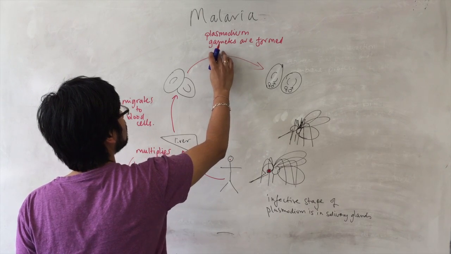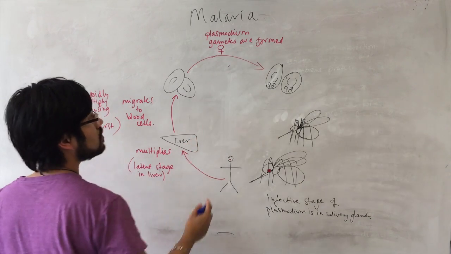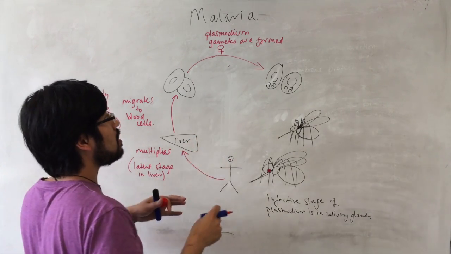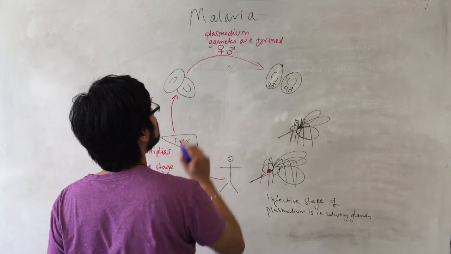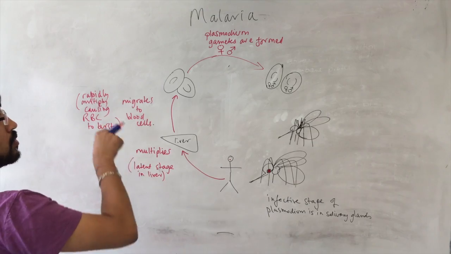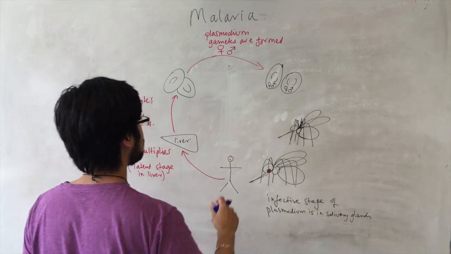I've just indicated them here as symbols, male and female. So female being this symbol, so you can think of it as the female gamete, and the male gamete given this symbol. Okay, so these gametes are being formed also in the red blood cells.